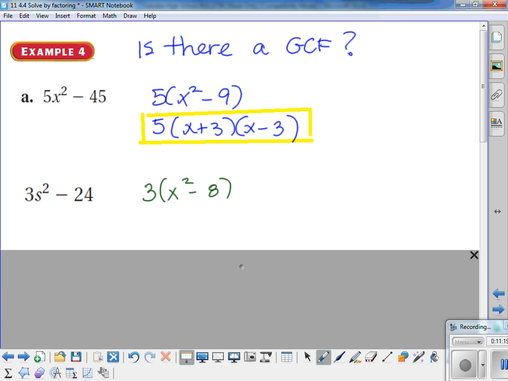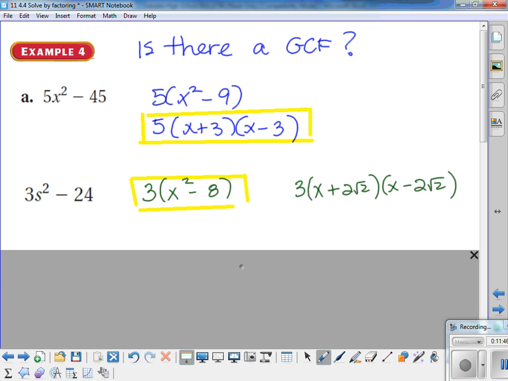However, some people like to go even further, and so we did get 3 times x plus 2 root 2 and x minus 2 root 2. But I'm not quite expecting you guys to go that far. I would have been okay with this answer right here. Okay? Okay, but good job, Evan.